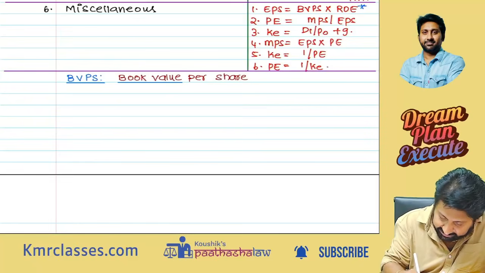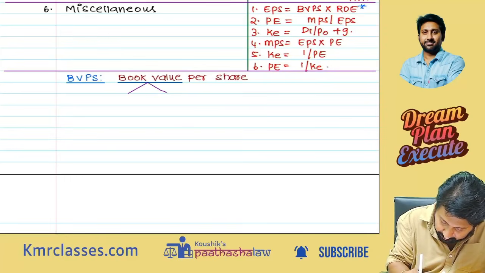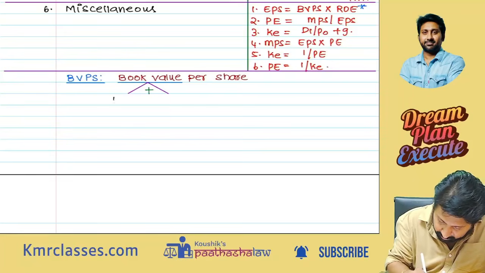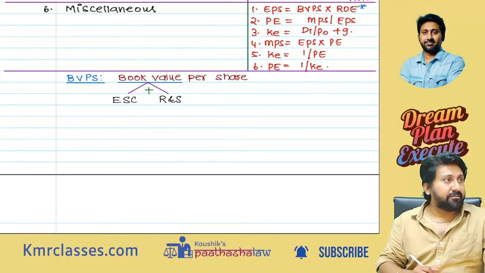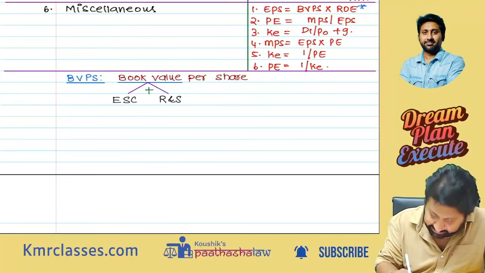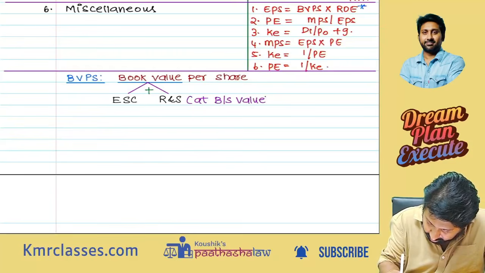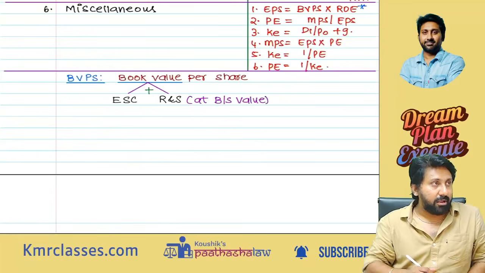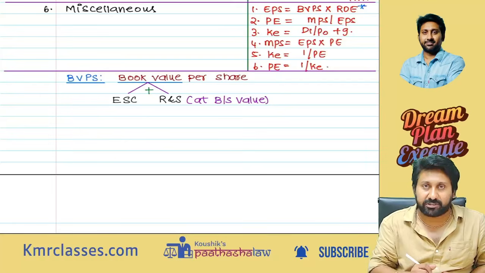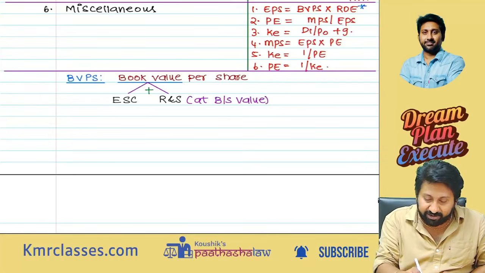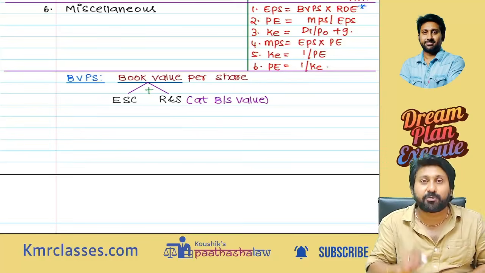Book value is nothing but equity share capital plus reserves and surplus at balance sheet value. What is the balance sheet? Balance sheet is the books of accounts. Whatever equity share capital and reserves and surplus is there in that balance sheet becomes the book value.